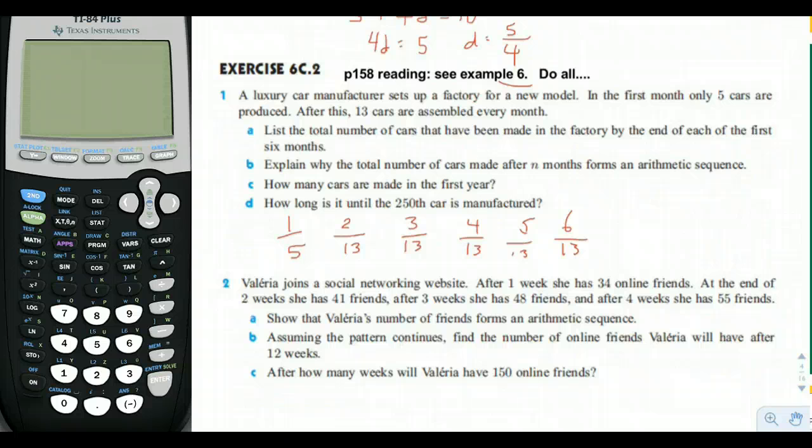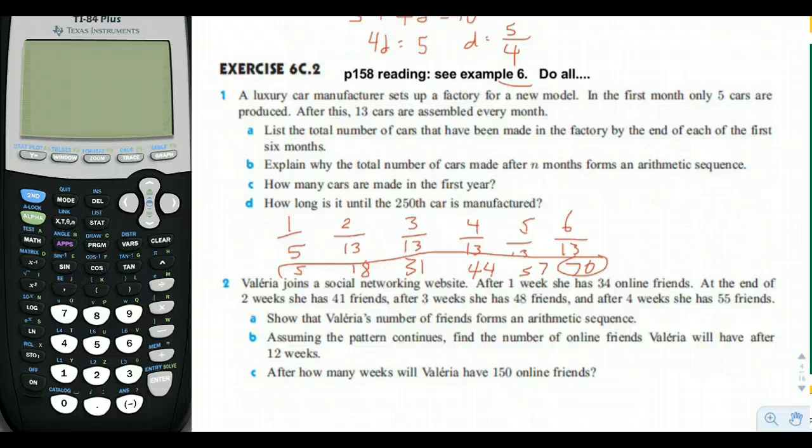So the first month, you've made 5 total. The second month, you've made 18. The third month, you've made 18 plus 13, and then for the fourth month you'd have 13 again, so we'll just use the calculator and figure that out. Okay, so we have this sequence here: 5, 18, 31, 44, 57, and 70.